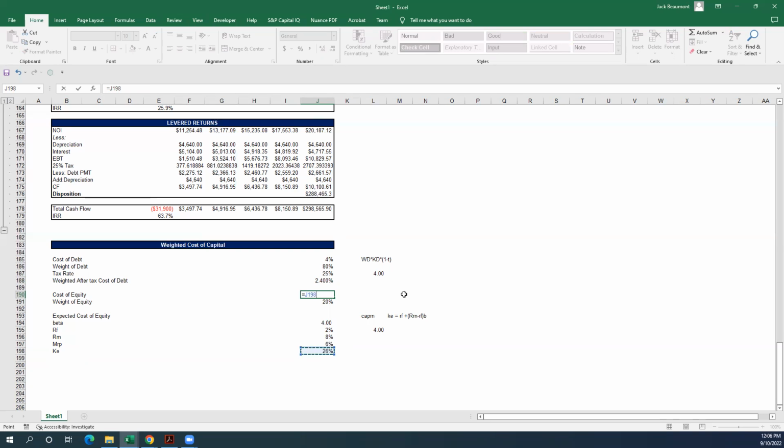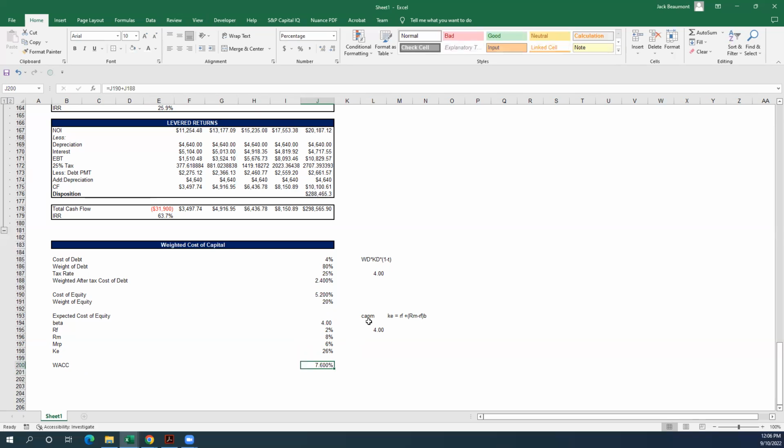So it's going to equal that, but then it's only 20%. So 5.2. Okay. And then we simply, it's called the WACC, weighted average cost of capital, which is just these two added up.